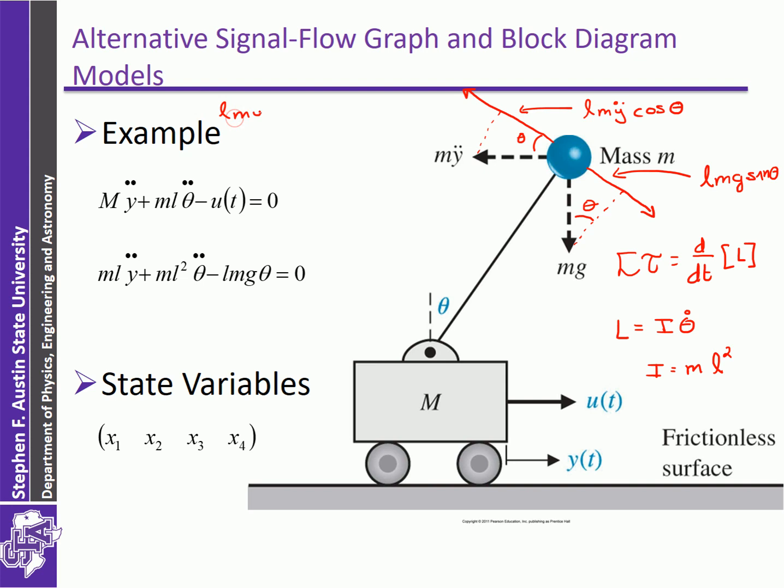So Lm y double dot cosine of theta, this is going to be negative because it's moving to the left, plus Lmg sine of theta, equal to the derivative with respect to time of the angular momentum of this mass, which is I theta dot.